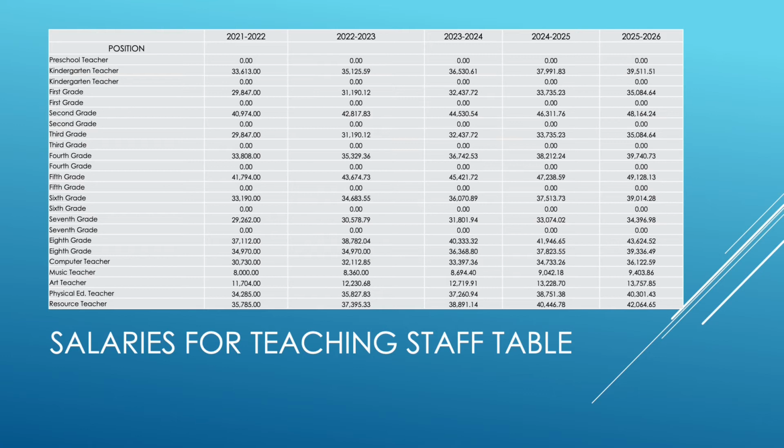Why is this important? Because you need to make sure that your budget is allocated based upon the personnel that you anticipate for the coming year. Now, could that change? Absolutely. Because a teacher might leave and you might need to hire someone that costs more money. Or perhaps you're going to hire somebody that requires less of a salary.